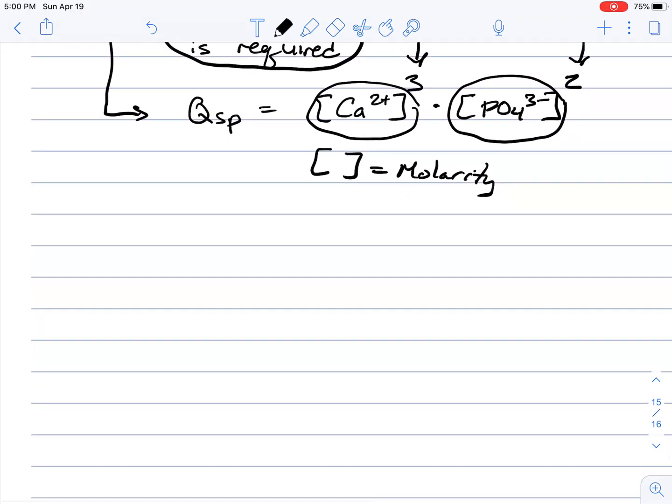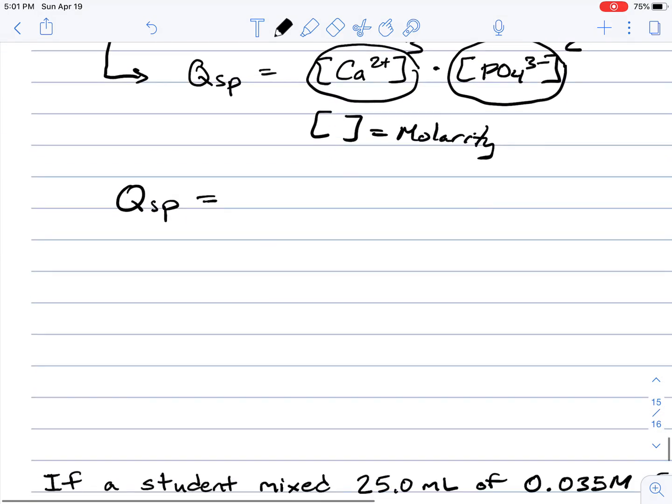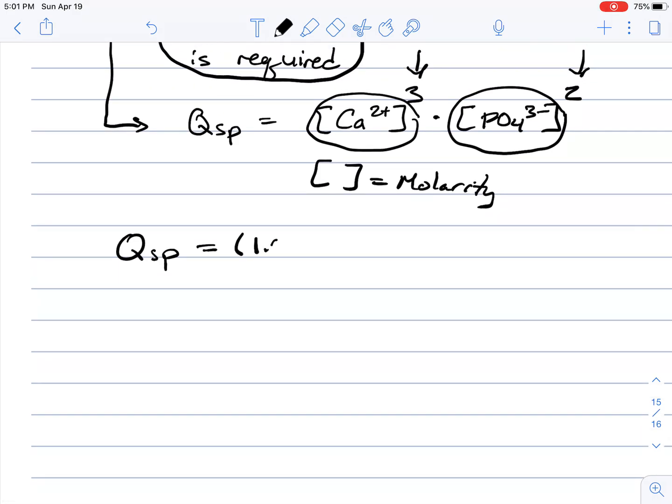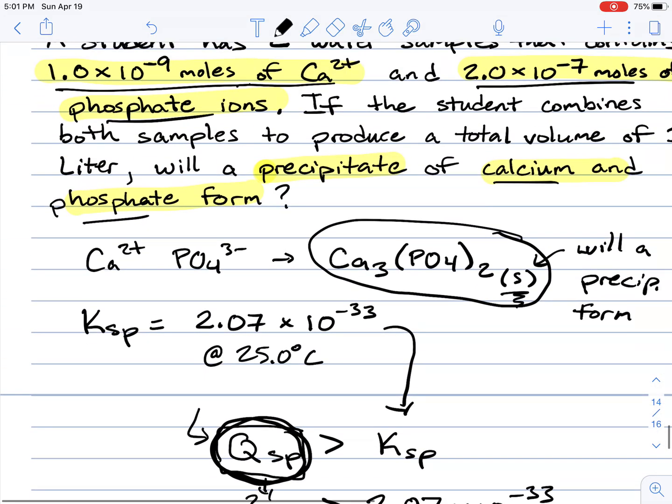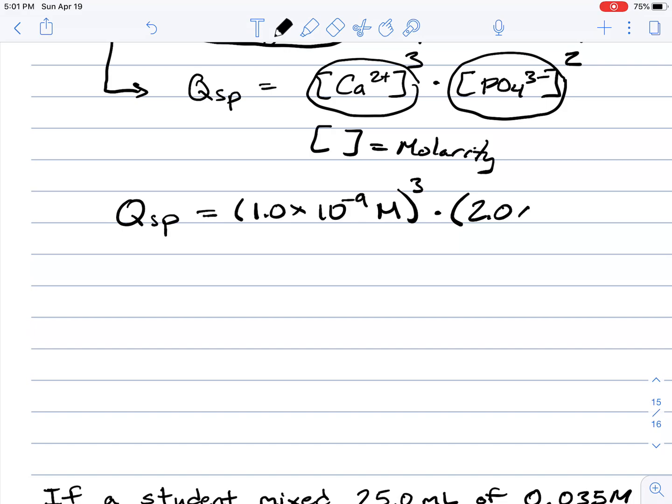And so in this very simple problem, we're simply taking 1.0 times 10 to the negative 9 molar concentration, raising that to the third power, and then multiplying this by 2.0 times 10 to the negative 7 molar concentration raised to the second power. Now that I've filled in my values, I'm going to plug this into the calculator here.